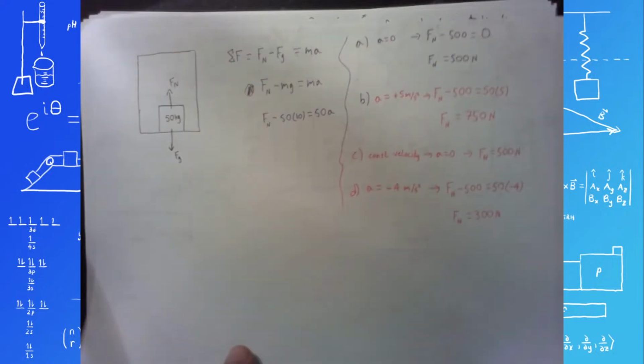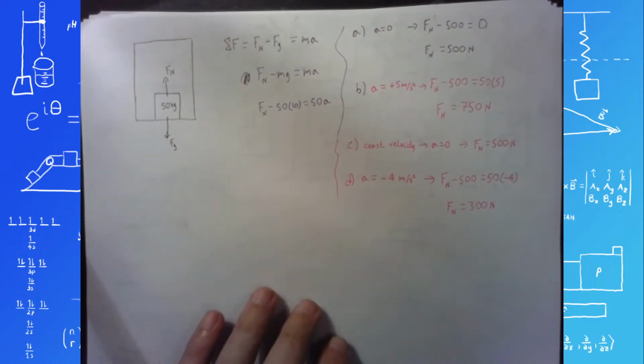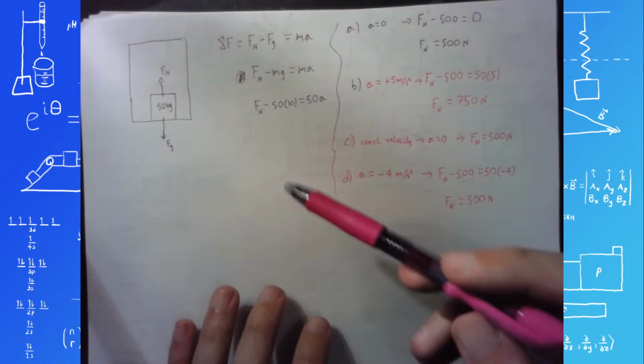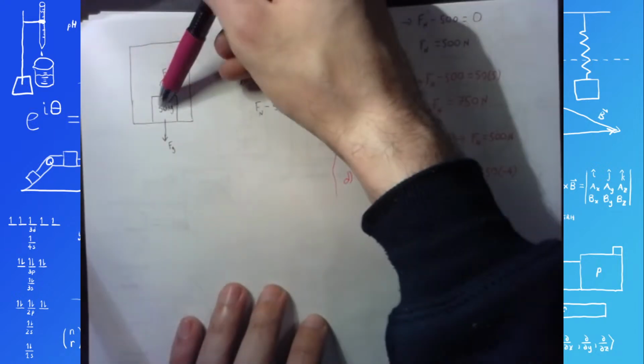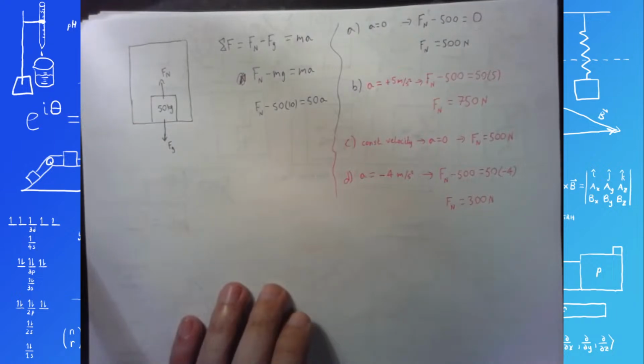What would need to happen is, well, the normal force would be all gone. It would have to go as low as it can go, 0. And then on top of that, you would need to have some sort of applied force downward.